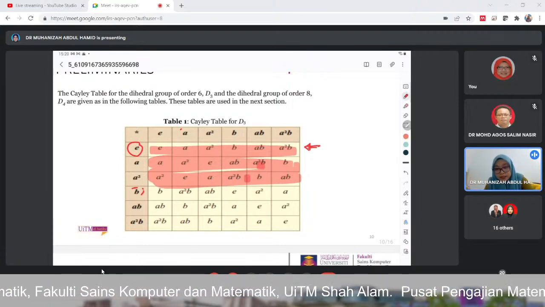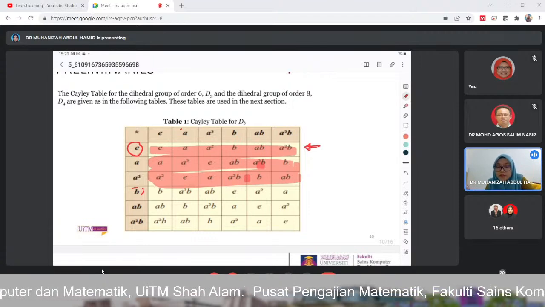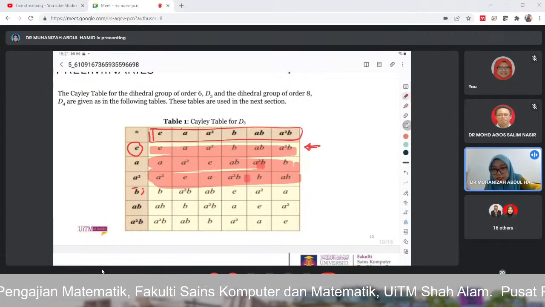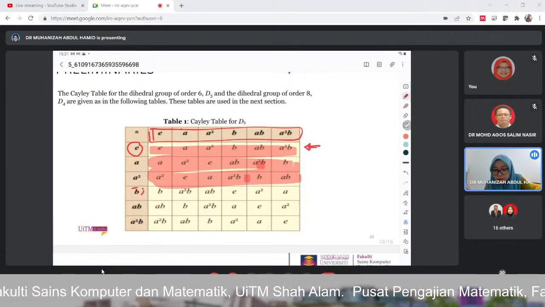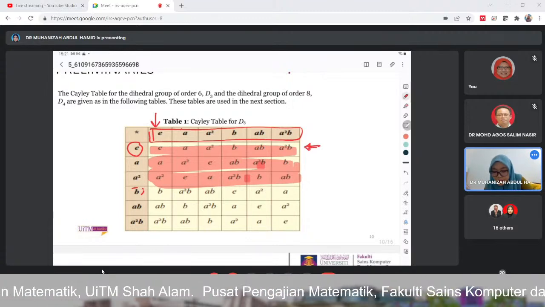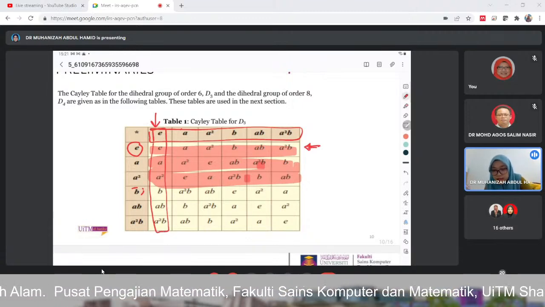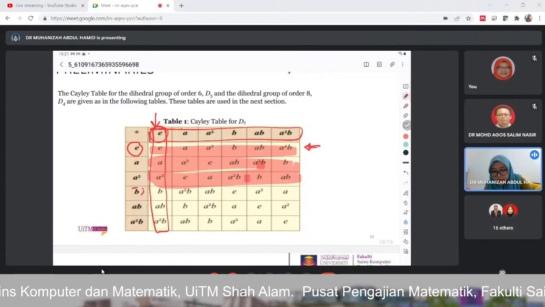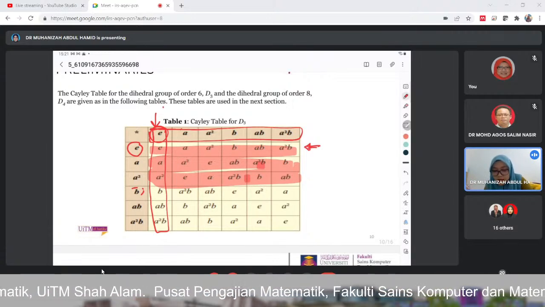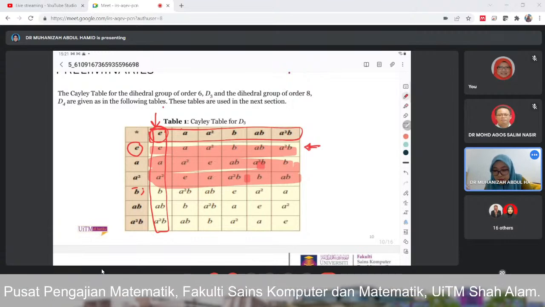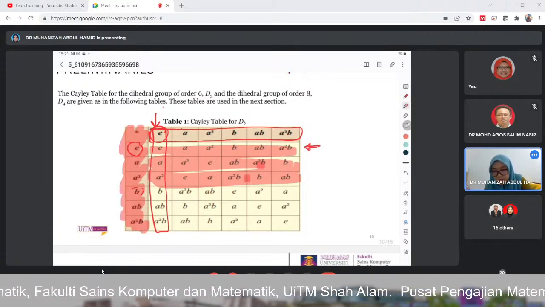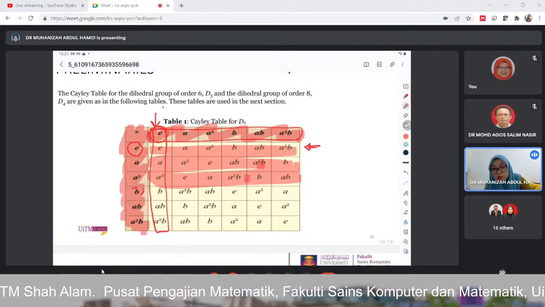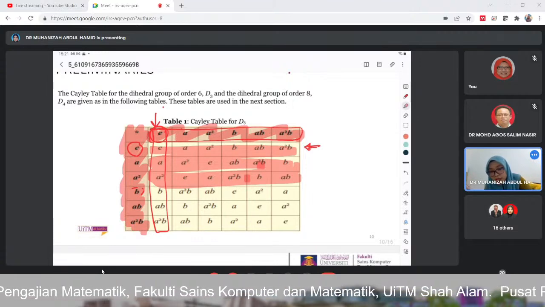The top row must match the heading row, as well as the left column that corresponds to this identity must match this heading column. Why? Because the identity element commutes with all elements in the group. That is by property of the identity.